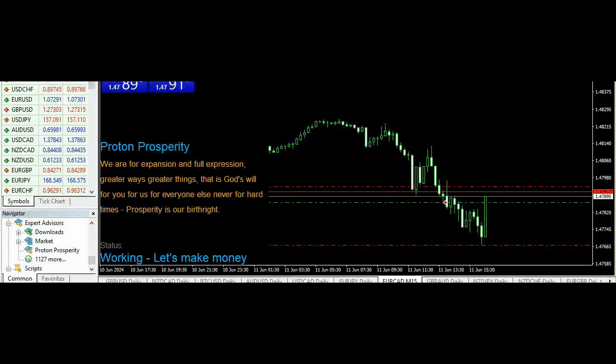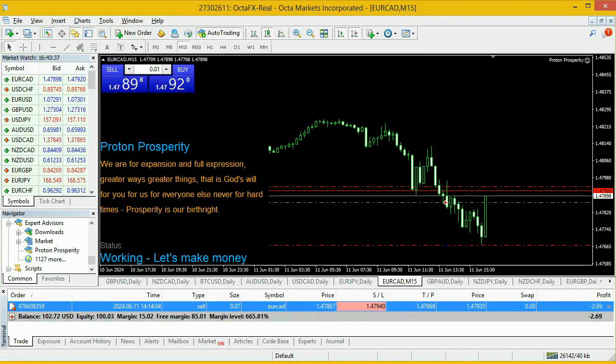But then price quickly retraces back upwards and almost triggers our stop loss.